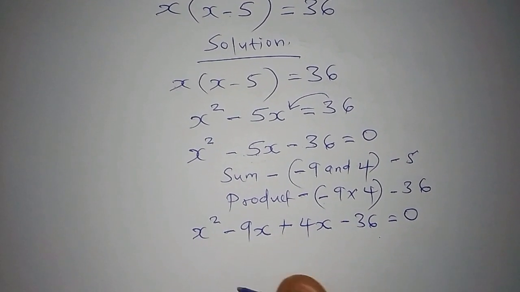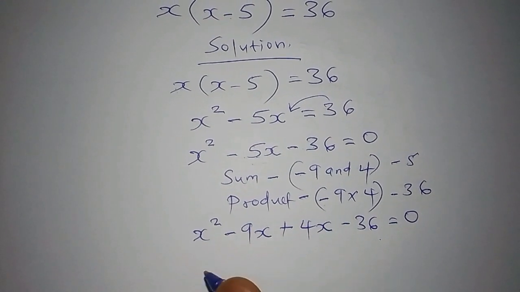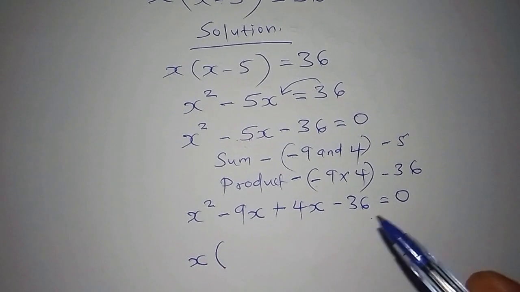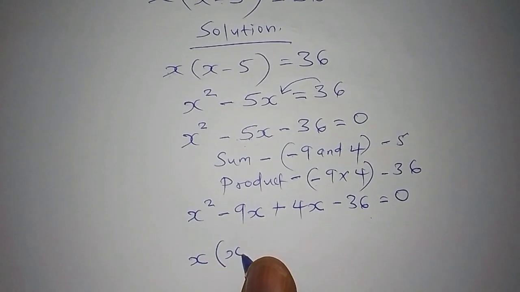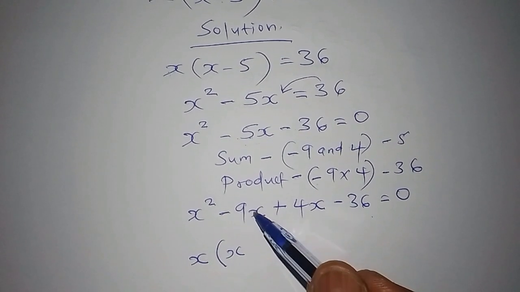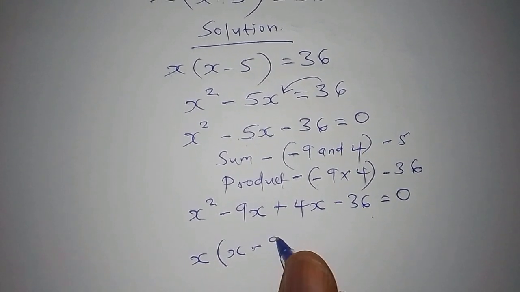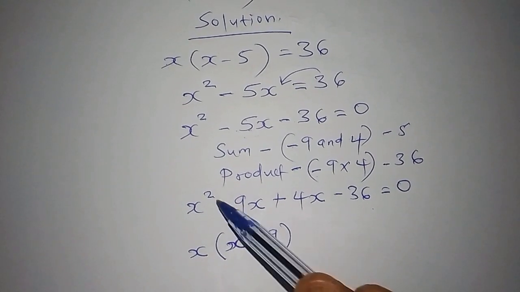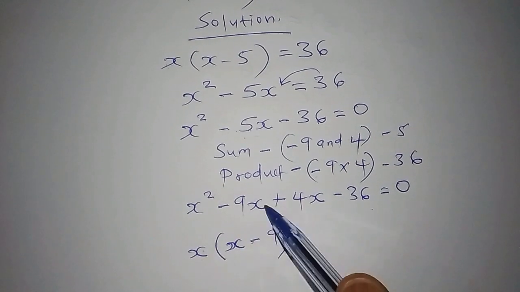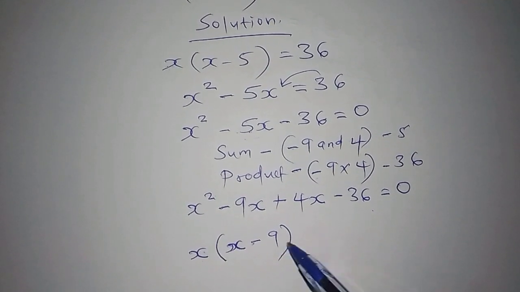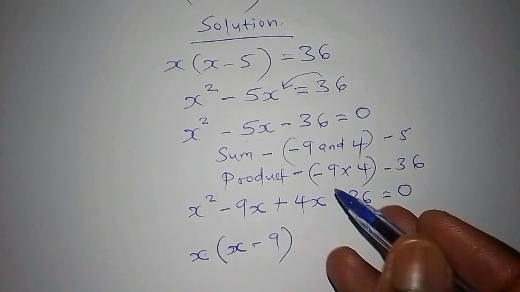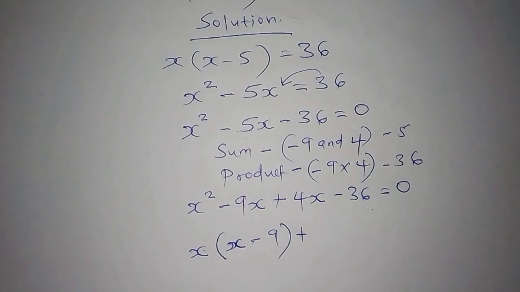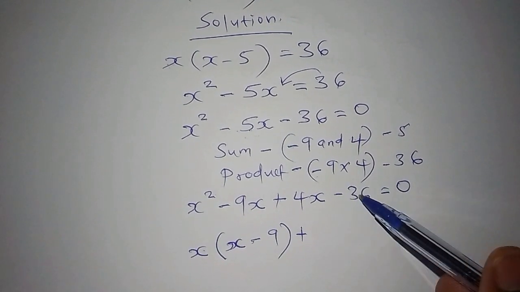So we're going to say that this x squared, we can put it as x into bracket x again, then this minus 9x, we put it as minus 9, then we close the bracket, simply because x multiplied by x is x squared, then x multiplied by minus 9 brings us minus 9x. Then the addition sign, we shall still bring it here, plus, then now we shall have 4x minus 36.